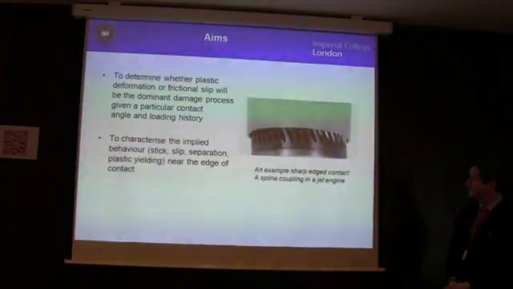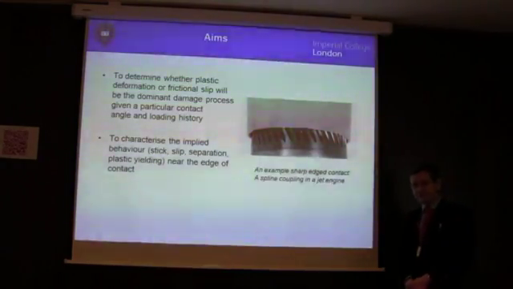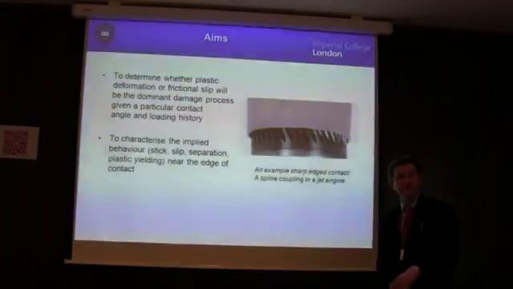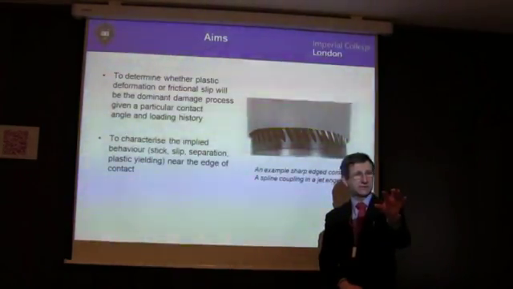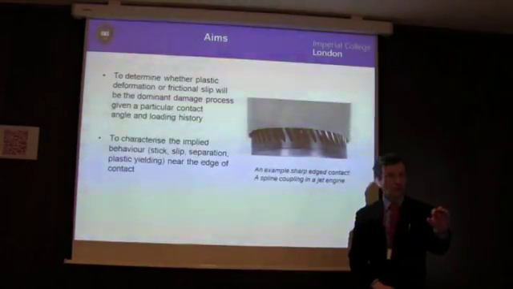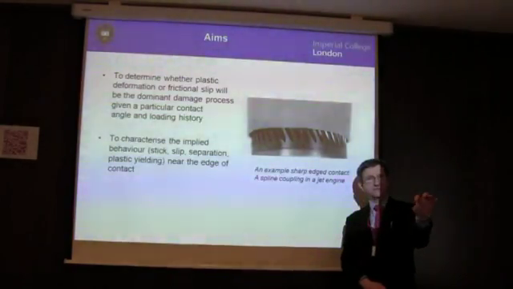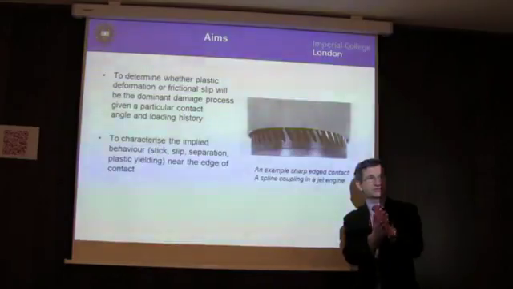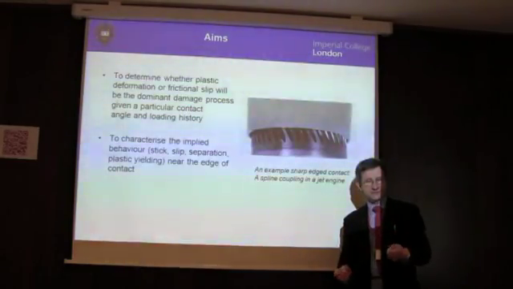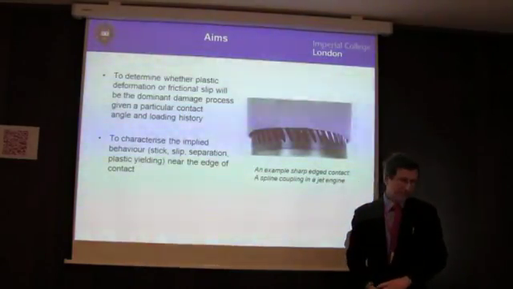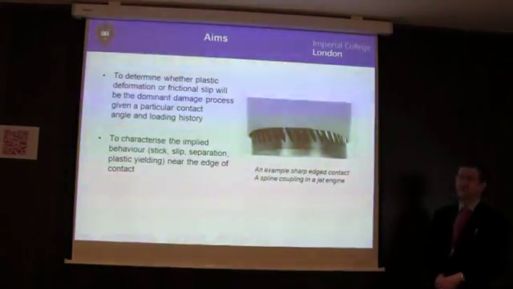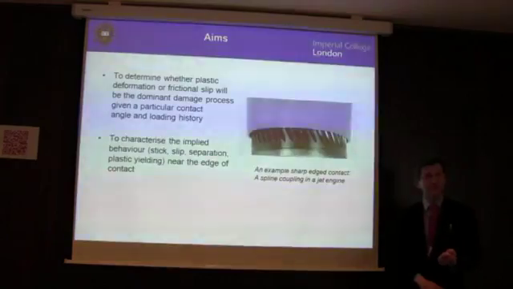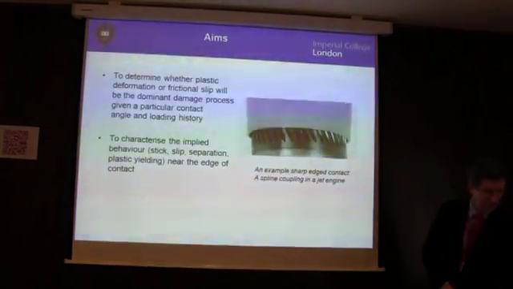And secondly, if there is slip present, is it so small that the plastic zone envelops it, and therefore we can consider the thing more or less like a monolithic notch? Or is the slip zone bigger than the plastic zone, so that the fretting damage really is likely to be important? And you can see this as a practically important question, because some problems that we think of as fretting damage are actually probably more like notch corner problems.